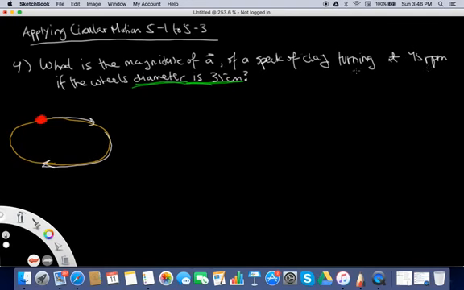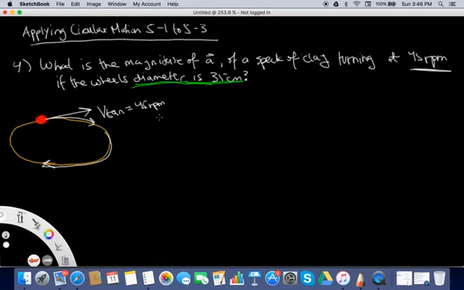It tells us that it's turning at 45 revolutions per minute. It's telling us that its tangential velocity, because remember, velocity is always tangent to the circle, is 45 revolutions per minute.